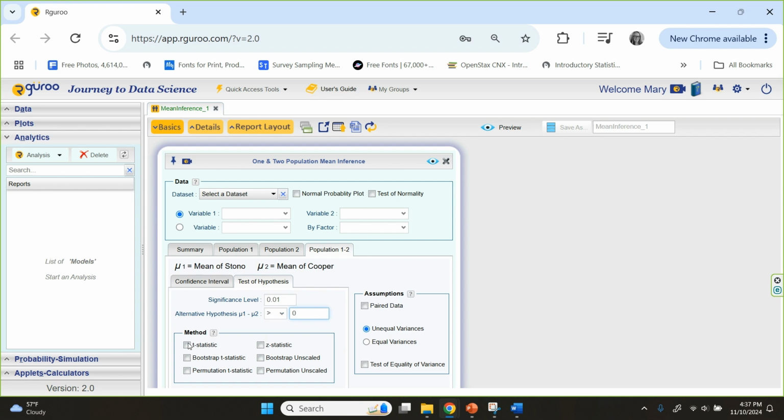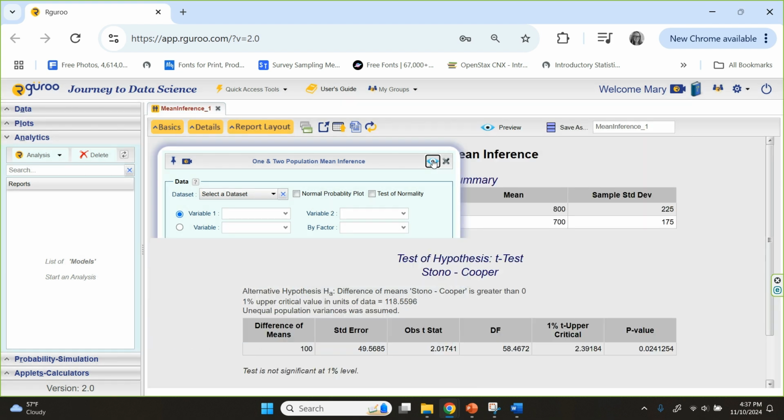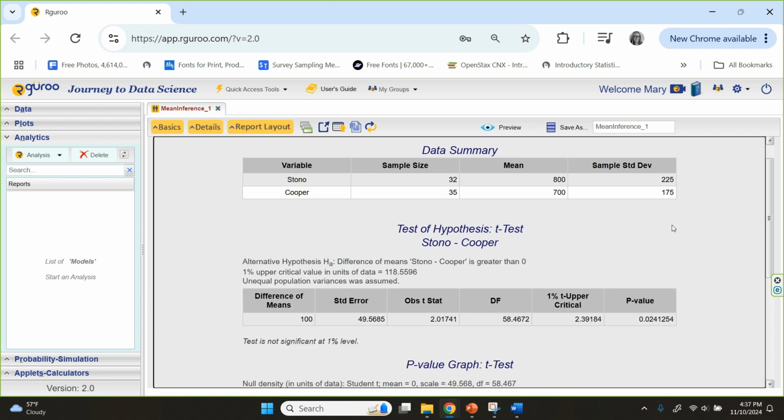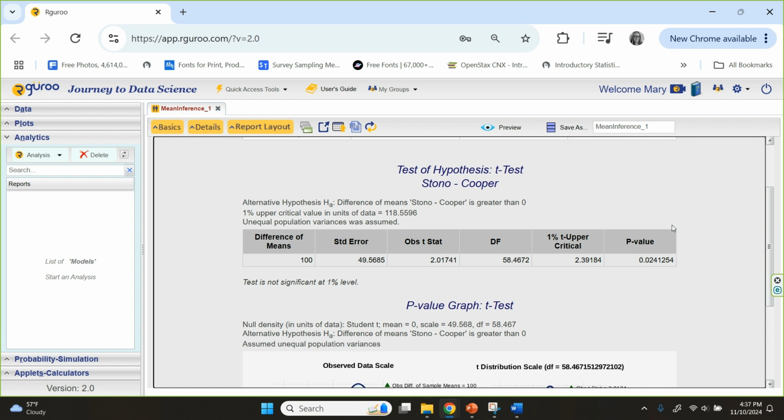And I'm going to choose the t statistic. And we have unequal variances or unequal standard deviations. That's great. And then we click preview. So it gives us back what we entered in that summary portion. So double check your data entry, make sure you didn't mistype something. Then we get to the test statistic here.